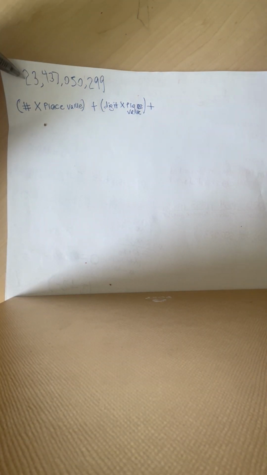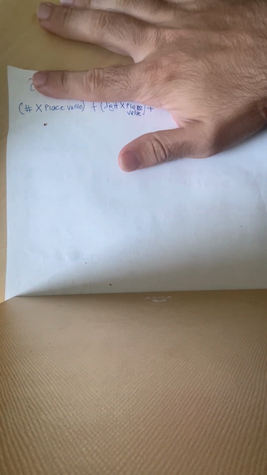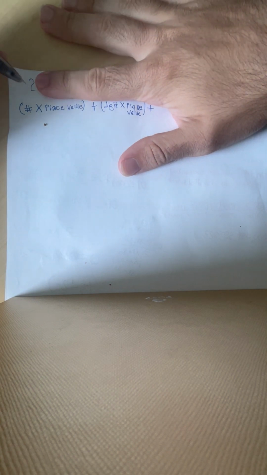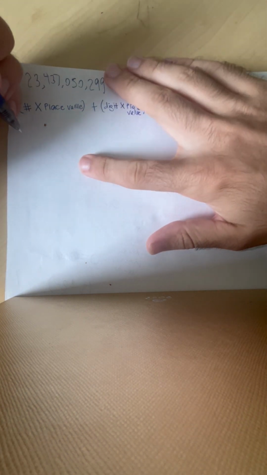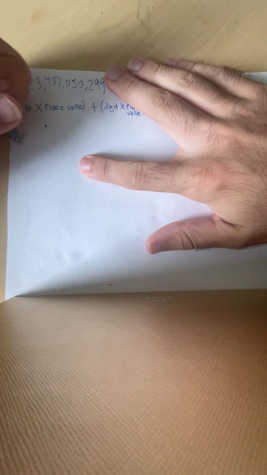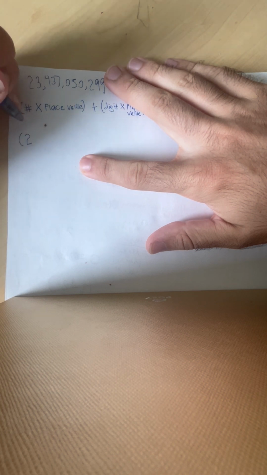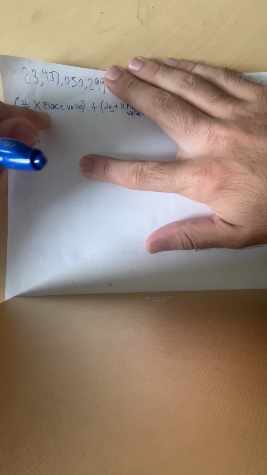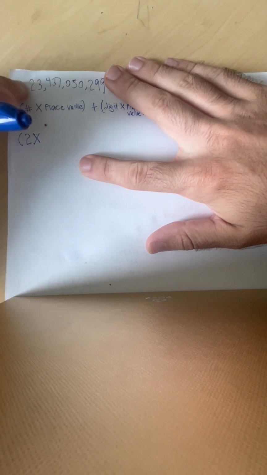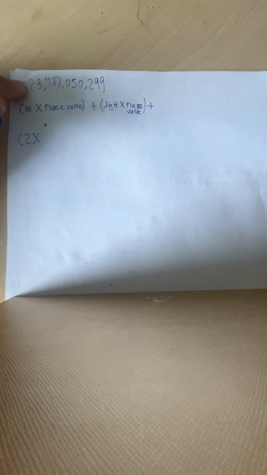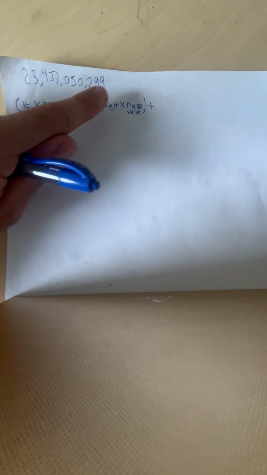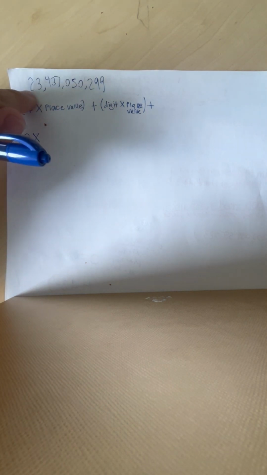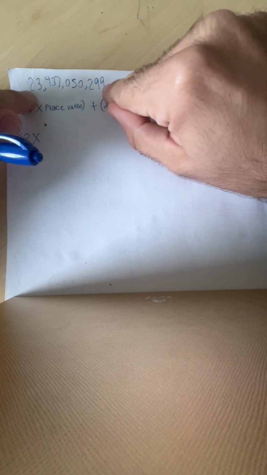What number is this right here? If I were to cover up the rest of these digits, what number is that? That's a 2. So using this formula, I'm going to write a 2 right here. Then there's an x, so here's an x times place value. What is the place value of this 2? I'm going to start from the right and count until I get to the place value of this 2.